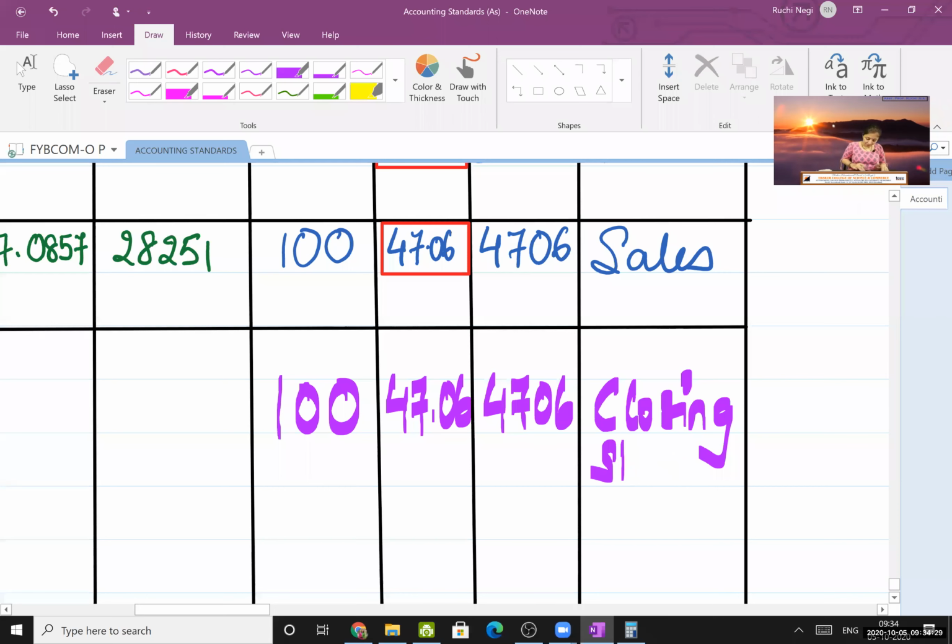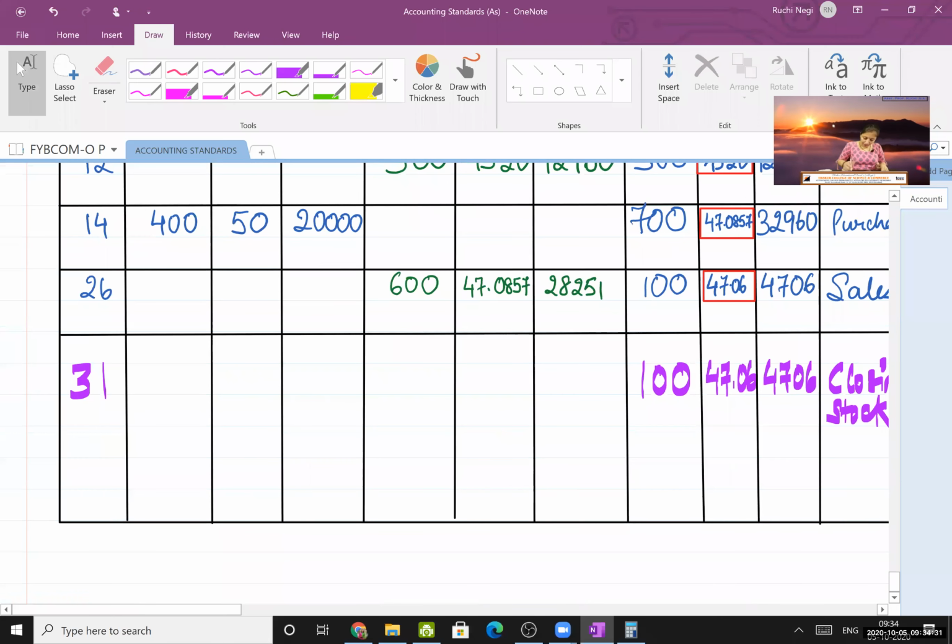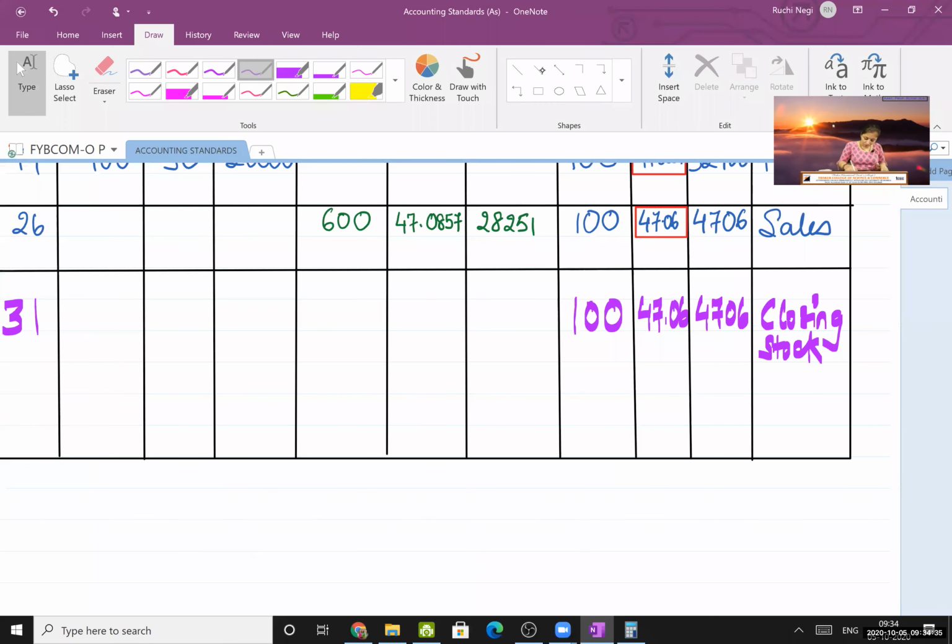Right. So this is the quantity of my closing stock. This is the rate of my closing stock.